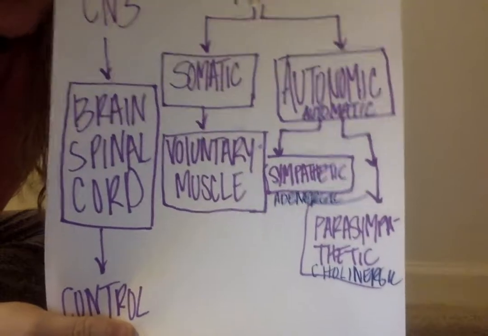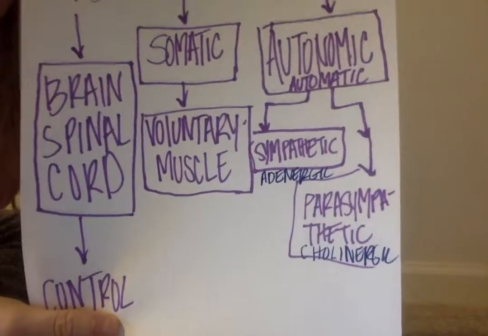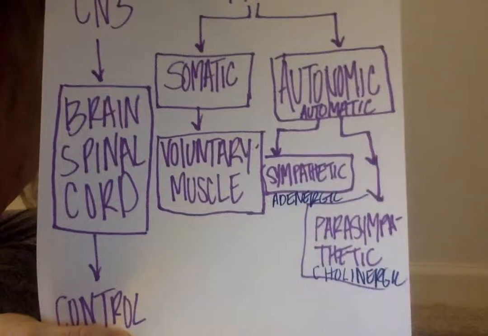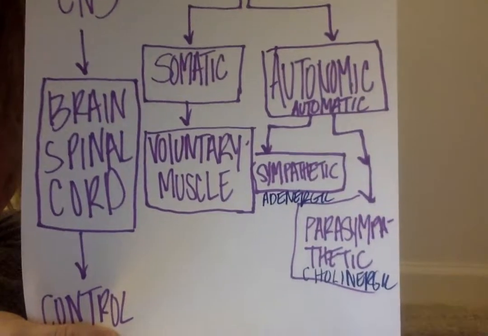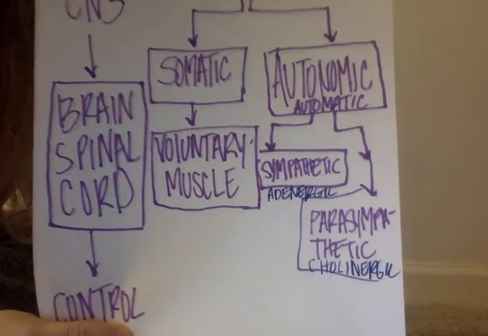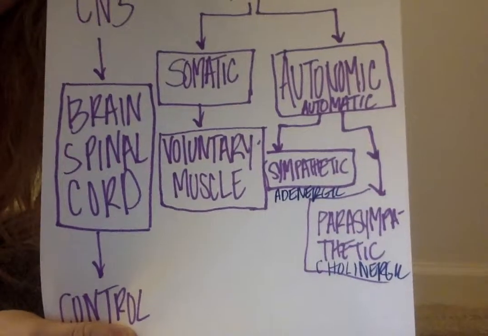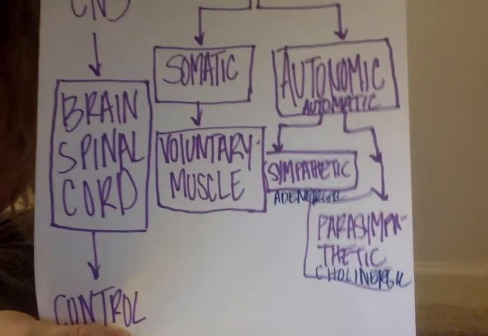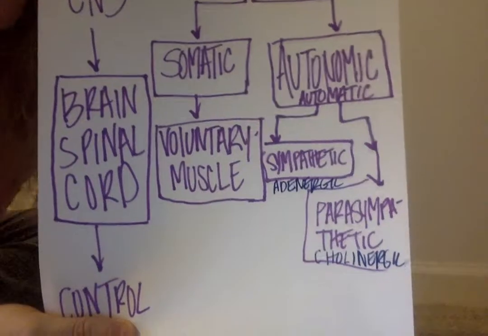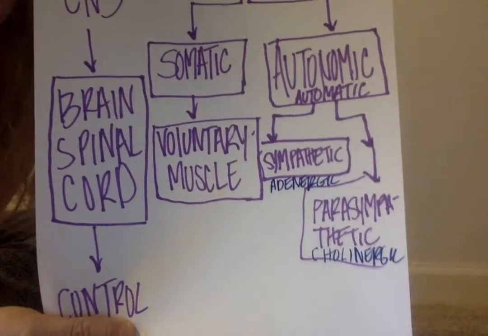Where it gets difficult is when we go into the autonomic nervous system. The autonomic nervous system is divided into the sympathetic and the parasympathetic. And what do those do? The easy way that you probably remember it is parasympathetic is rest and digest, and sympathetic is fight or flight.